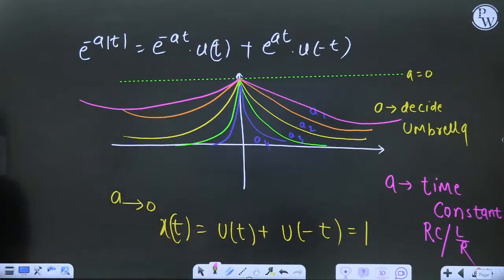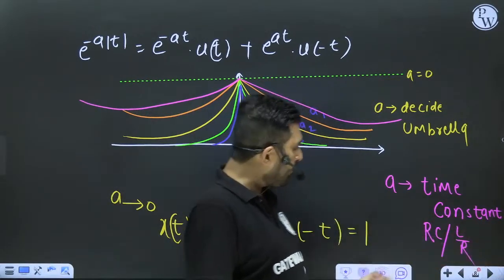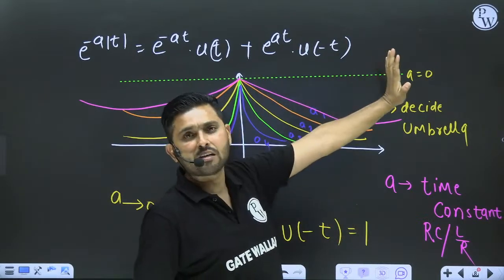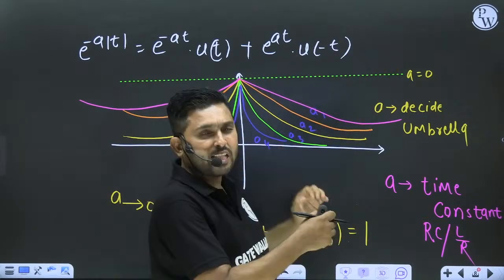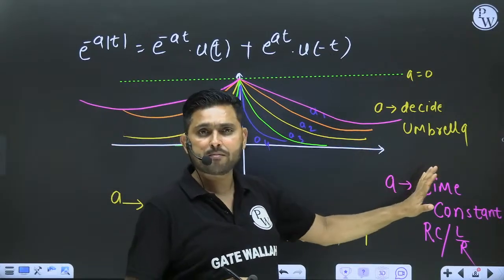Please check. It is the time constant of the function. So the time constant is a factor from which the steepness of this curve will be defined.